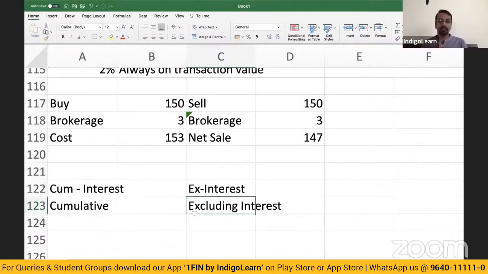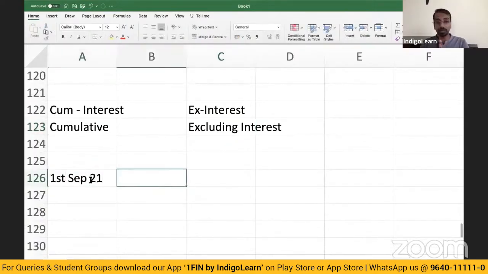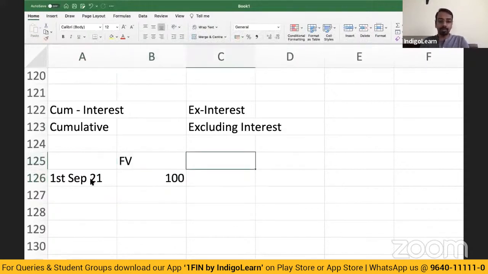Now why would this kind of confusion arise? Say for example, you purchased a security on 1st of September of 21. On 1st of September of 21, you purchased something which has a face value of 100. Okay, and it has an interest rate of, let us say 10%, I'll make it 12%, right? And interest is due.